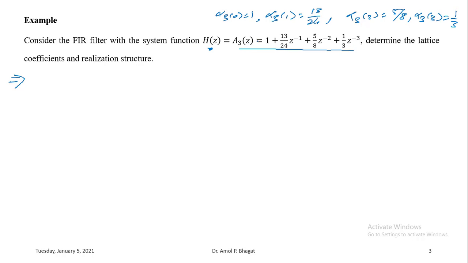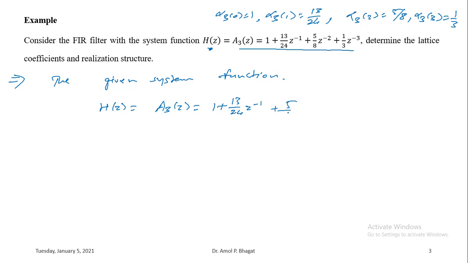So here we have to obtain the three-stage lattice structure coefficient, that is k1, k2 and k3. Okay, so the given system function here is h of z, which is nothing but a3 of z is equals to 1 plus 13 by 24 z inverse plus 5 by 8 z to the power minus 2 plus 1 by 3 z to the power minus 3.